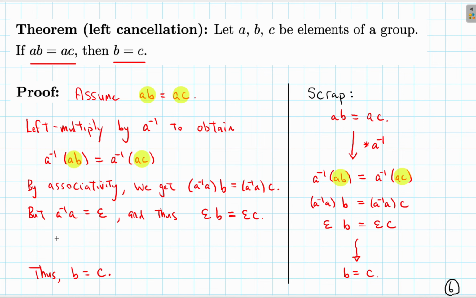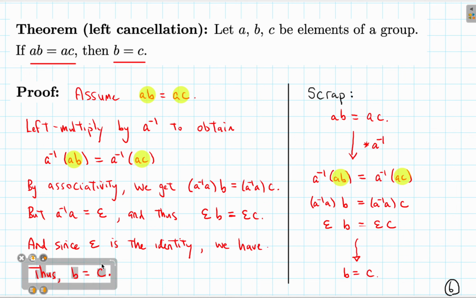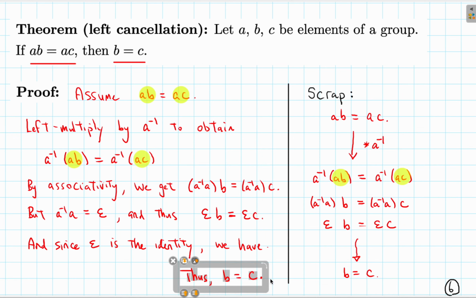And since epsilon is the identity, I just want to say that epsilon B equals B and epsilon C equals C, because epsilon is the identity element.